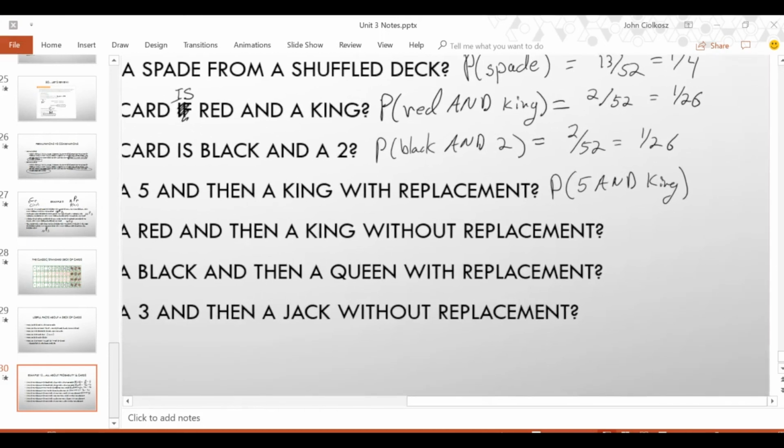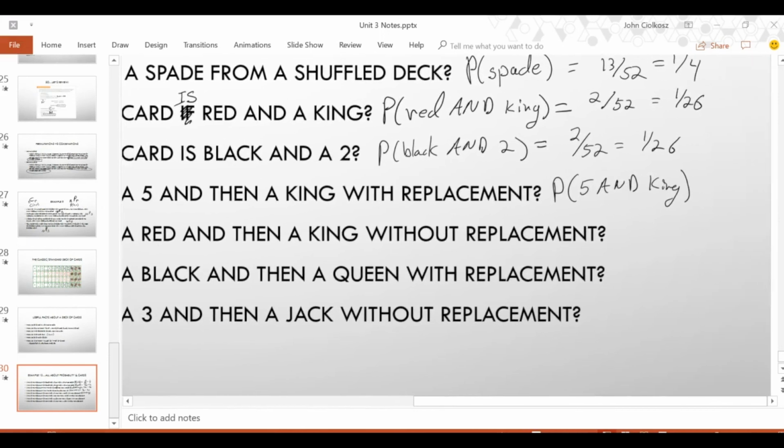Now, since we're doing 2 cards, that's a compound event. The key words here are and then, which signify that we're picking out 2 cards, because it's saying doing this and then doing this.